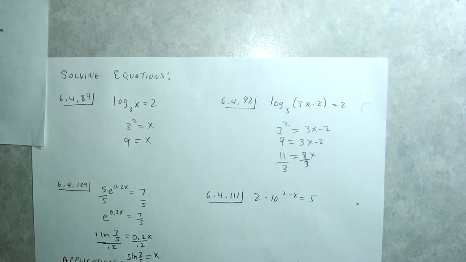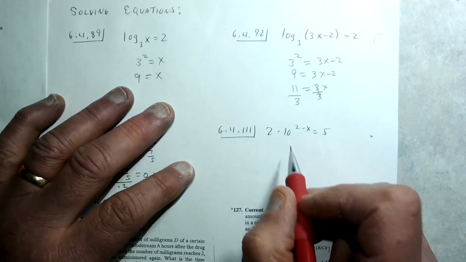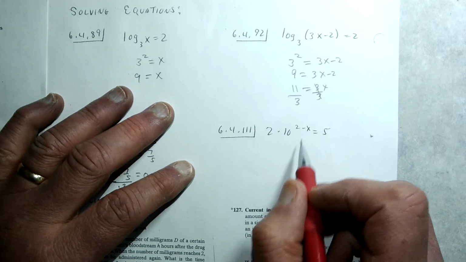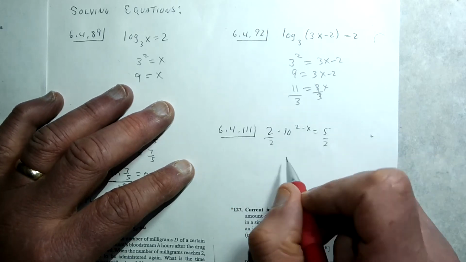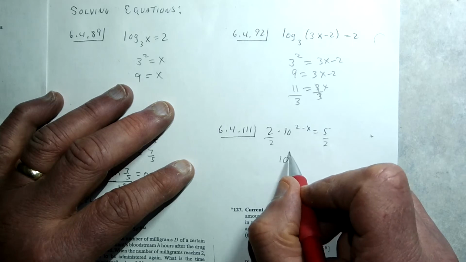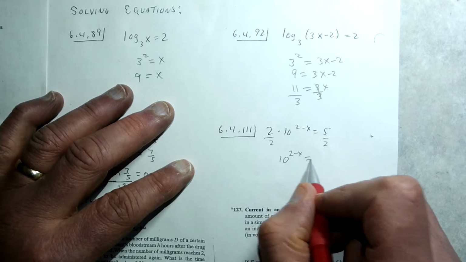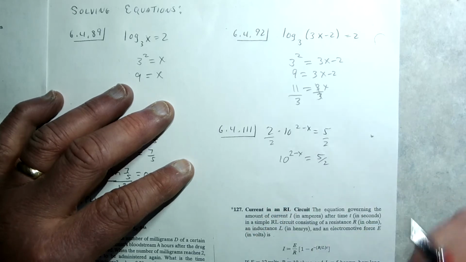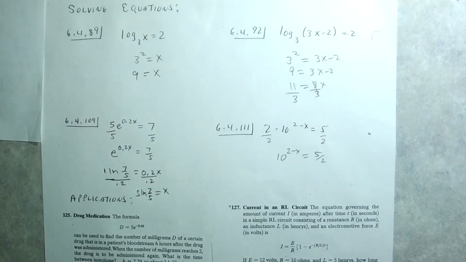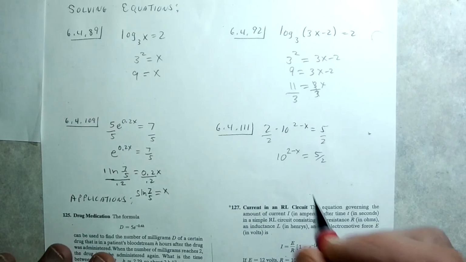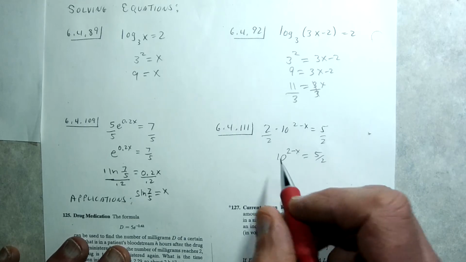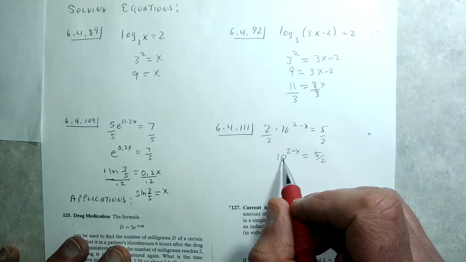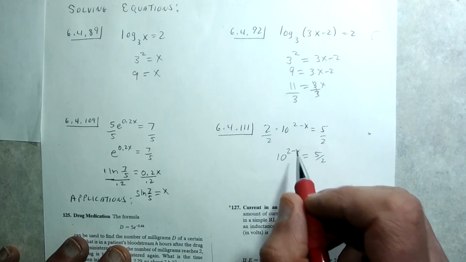Okay, one more problem. Once again, I'll isolate just the exponential part of this and divide by 2. So I got 10 to the 2 minus x is equal to 5/2. And then I'm going to turn this into a log. And I have a base of 10. I know my answer to my log is the exponent.